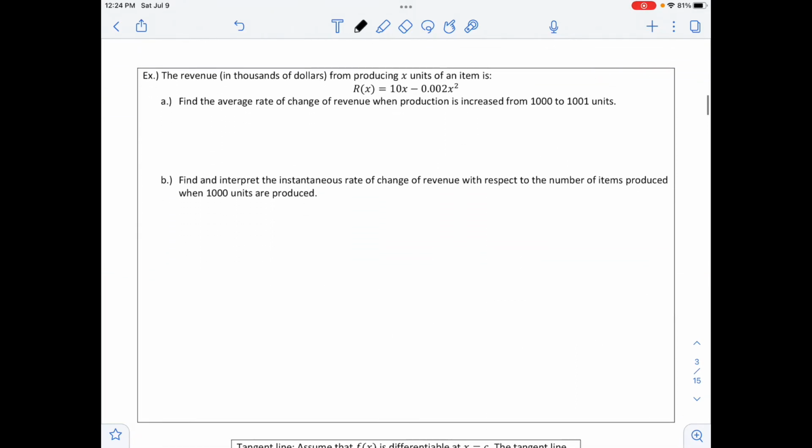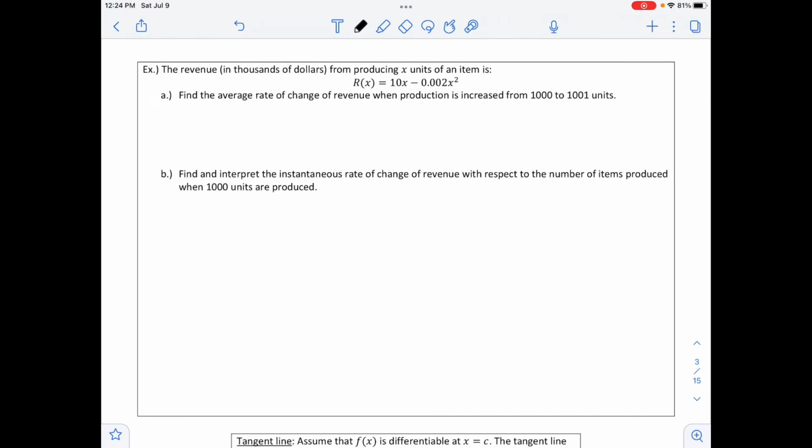The next example says the revenue in thousands of dollars from producing x units of an item is r of x equals 10x minus 0.002x squared. Part A says find the average rate of change of revenue when production is increased from 1,000 to 1,001 units.